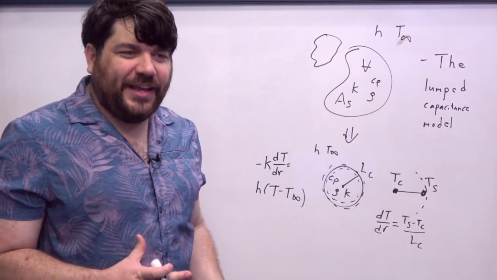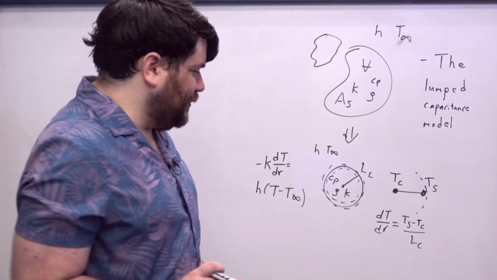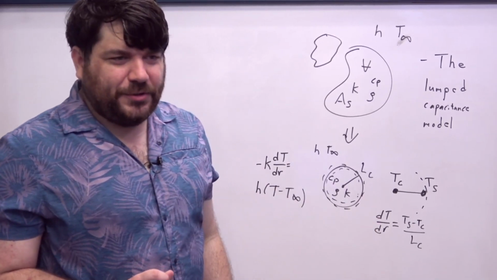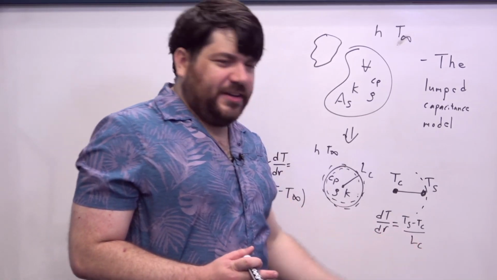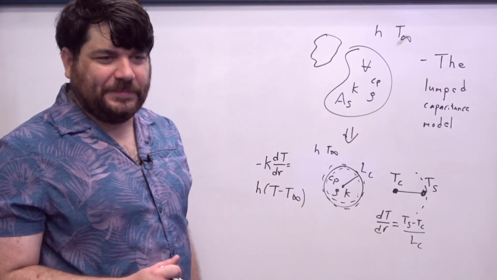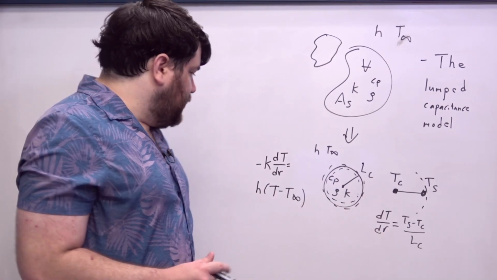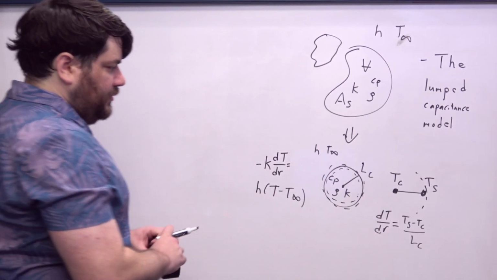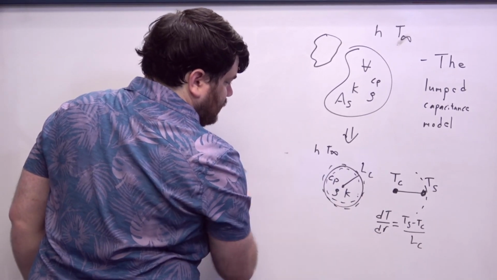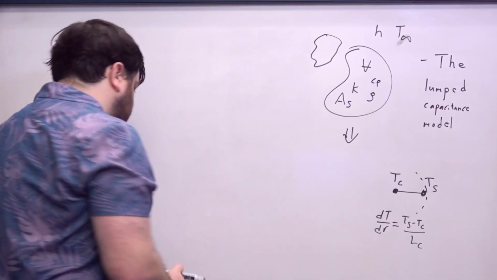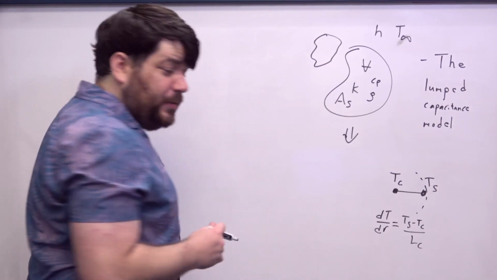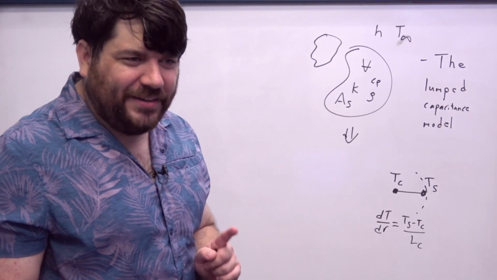Okay, and so this is just a standard linearization. All that we're doing here is we're saying, well, the rate of change of the temperature with respect to r, this Lc is small enough that this is roughly constant and roughly equal to this. So if we do that, what expression are we going to be left with? Well, I'm going to absorb the minus, right?